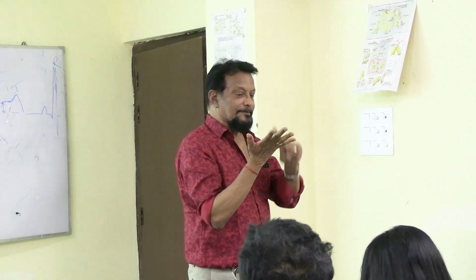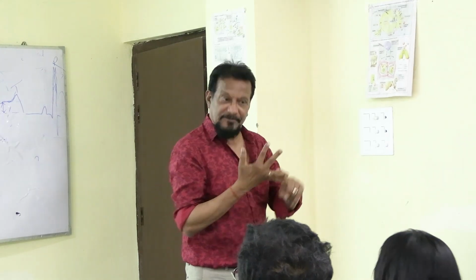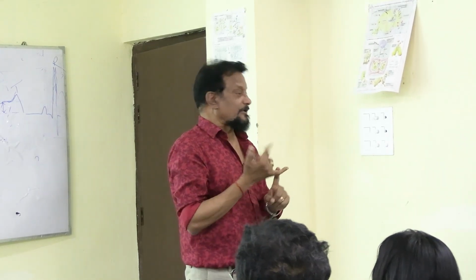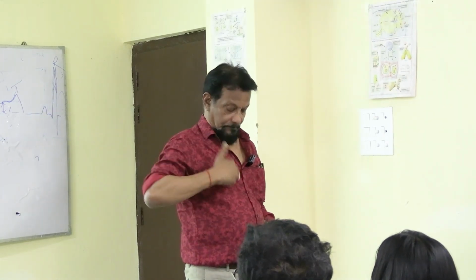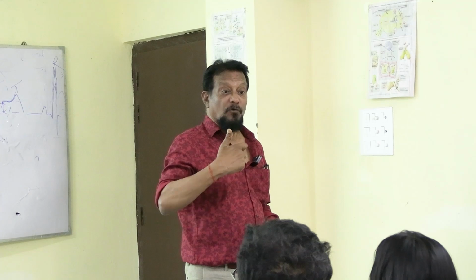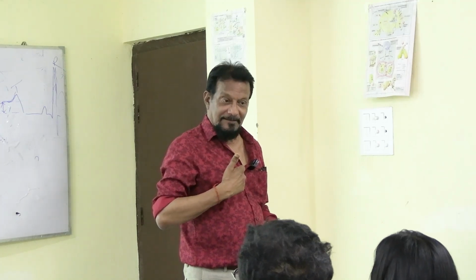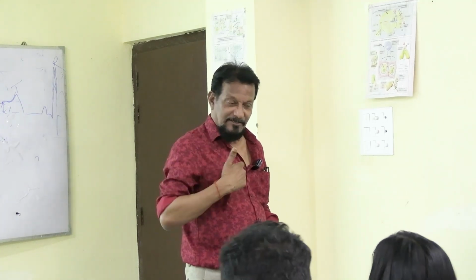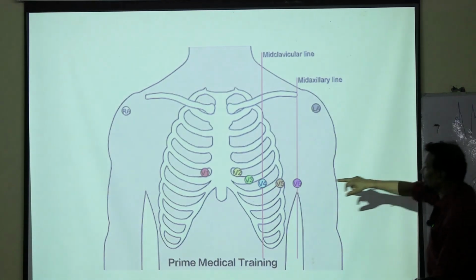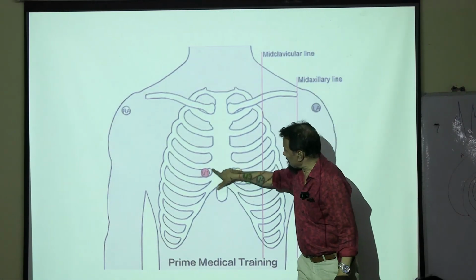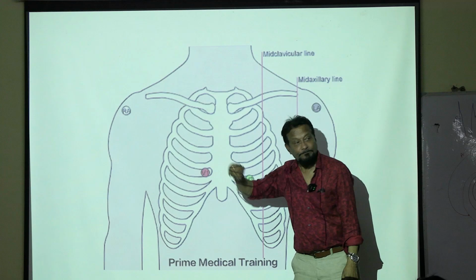These are designated as V1, V2, V3, V4, V5, V6. Where will be the location of V1? Right sternal border, fourth intercostal space. This is the right sternal border.